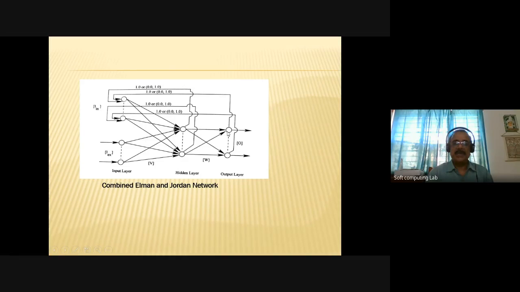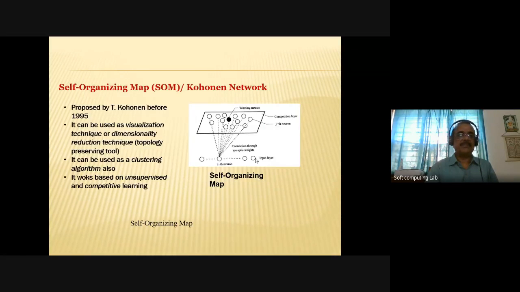Then you will be getting the input of the output layer, and depending on the transfer function, the final output. As I discussed several times, this final output will be compared to the target output to find the error, and that error will be used to modify the network. So this is the combined Elman and Jordan network, which can be very efficiently used to establish the input-output relationship of a highly dynamic process.